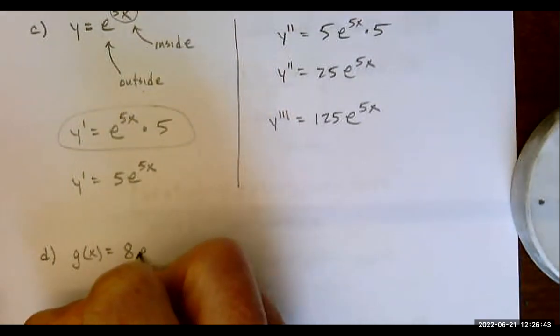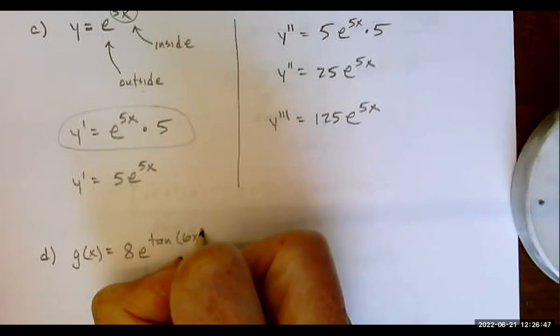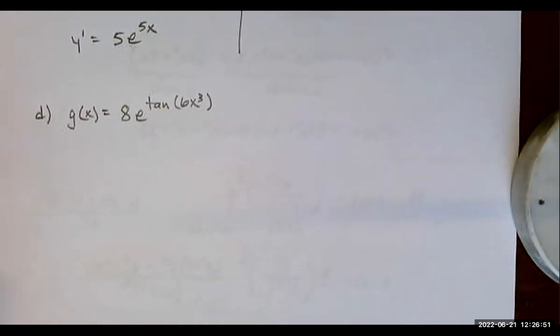Now here we go, e to the tangent 6x cubed. We really got a lot happening here. Before we dive in, take a step back and think about what is the inside and what is the outside.